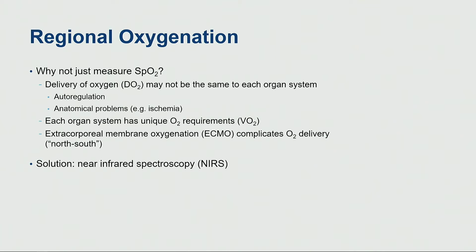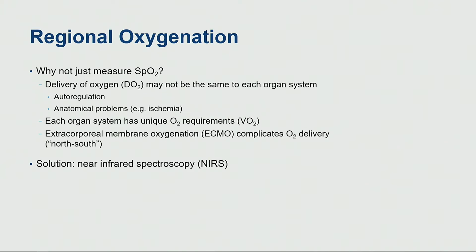So let me start with the concept of regional oxygenation. I talked about SpO2. We measure SpO2 all the time, so why not just stick to SpO2? Well, there are several reasons, but most important, we know that the delivery of oxygen, or DO2, is not the same to each organ system. There is autoregulation, and then there are anatomical issues such as local ischemia that become very, very relevant.